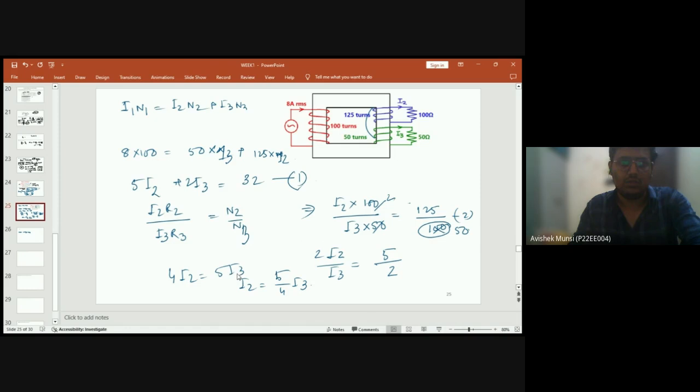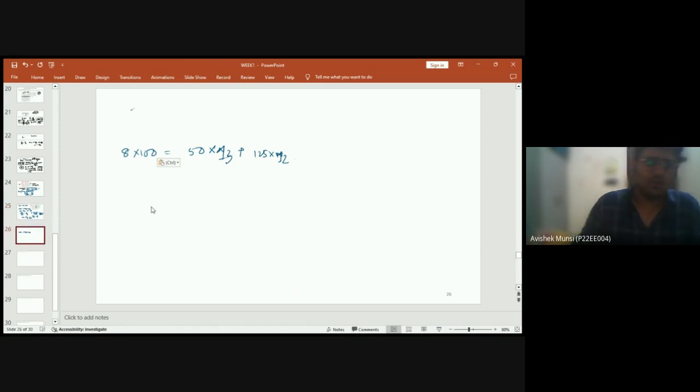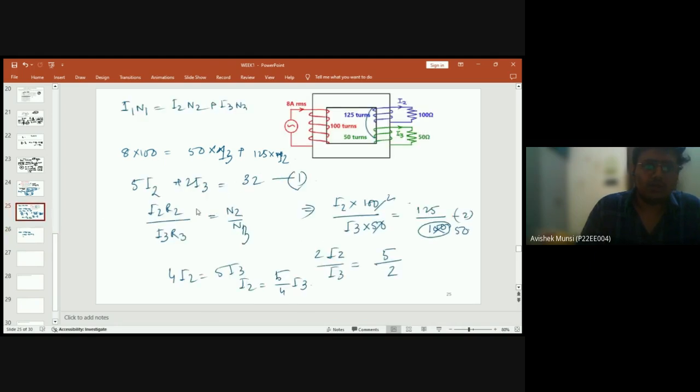We got I2 equal to 5 by 4 I3. Doesn't it give a simplified version?